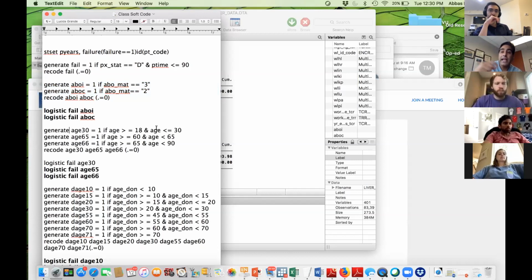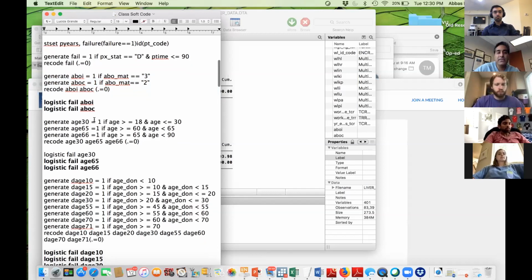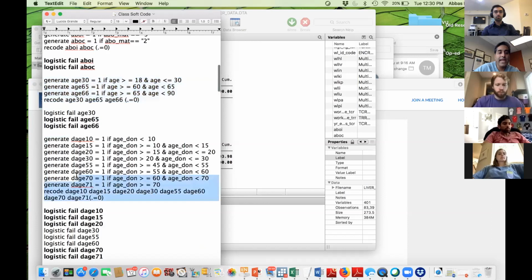3 groups. And I've created those groups based on my clinical judgment. You can notice that this is the age of the recipient, the first one here. Down here is the age of the donor. The age of the donor is so much more granular, with many more bins.